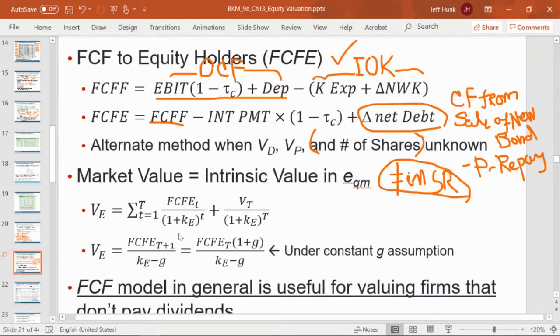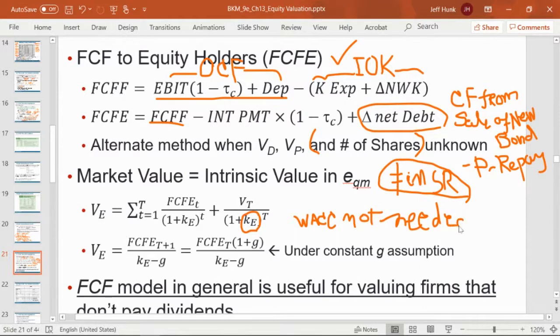So then another benefit is, look, what do you see here? You don't have to use weighted average cost of capital, right? I wouldn't cross it out, not necessary. Not needed, right?